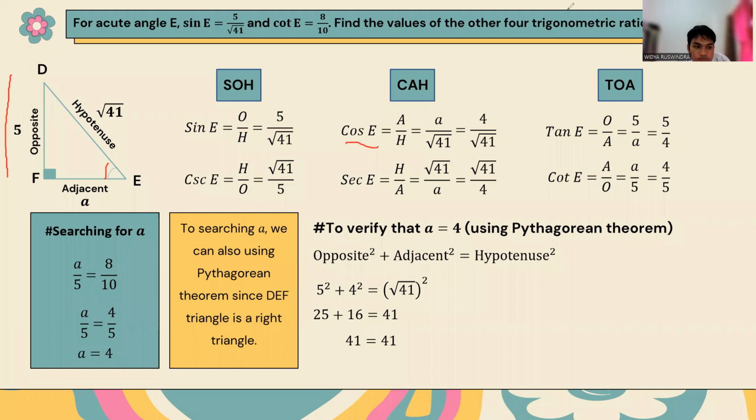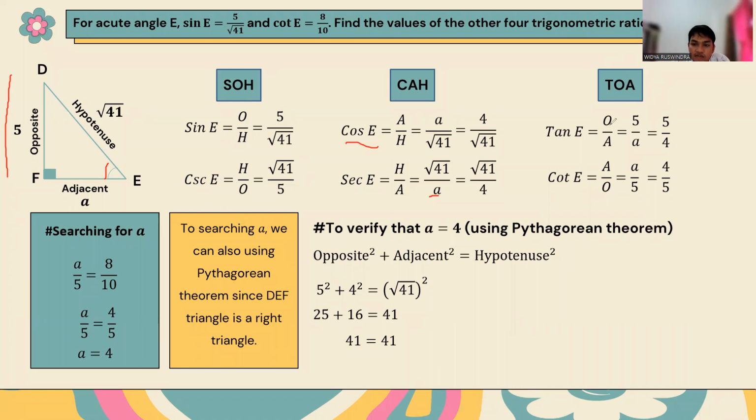So next we have secant of A, the inverse of cosine. So hypotenuse over adjacent, and we don't have the adjacent. So how about TOA? This is the function for tangent.